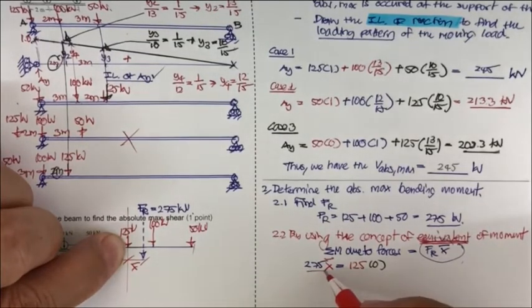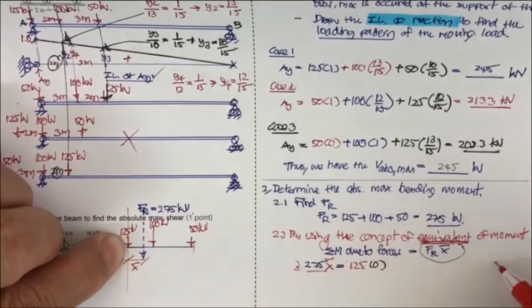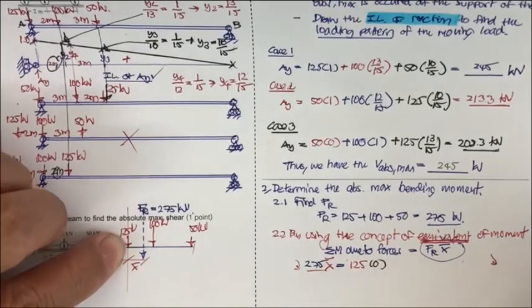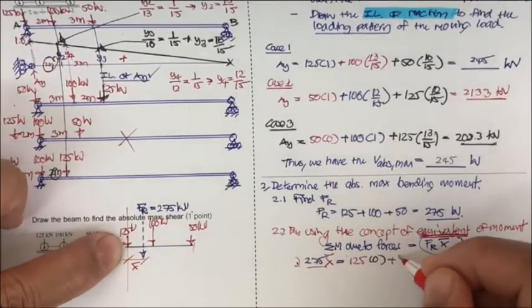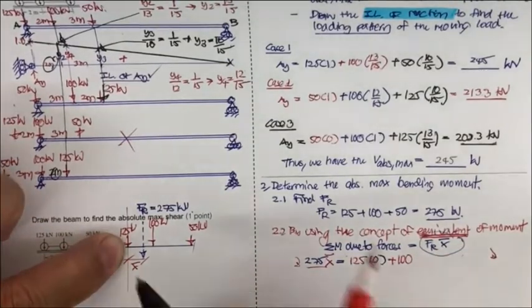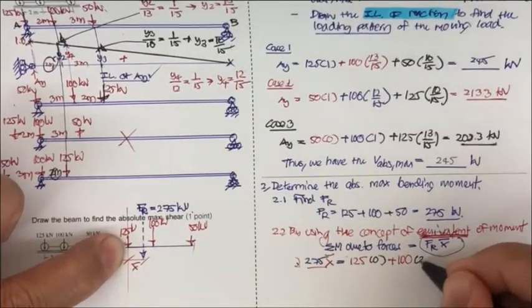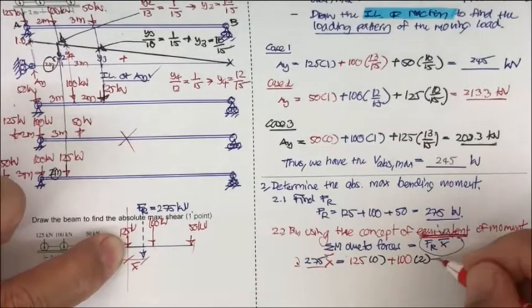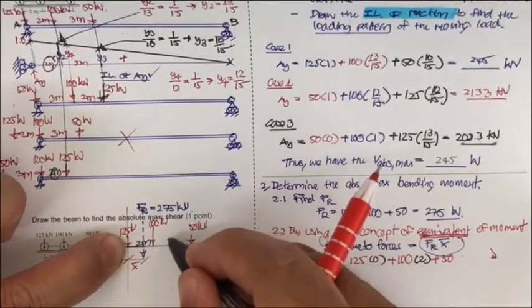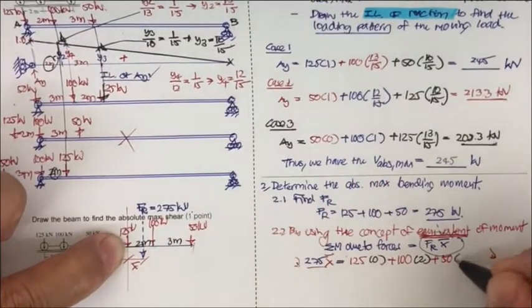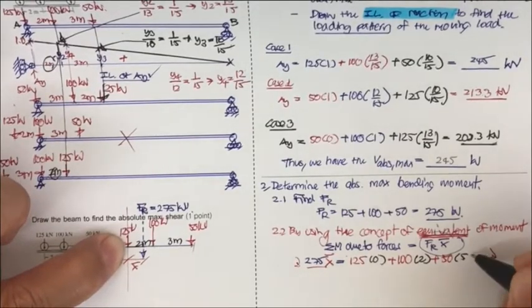So we compare only magnitude, it's going to be clockwise, and this one is going to be clockwise. So plus 100 times what? The distance here is 2 meters. And plus this one is 50 times what? This is 2 meters, this is 3 meters, that is going to times 5.